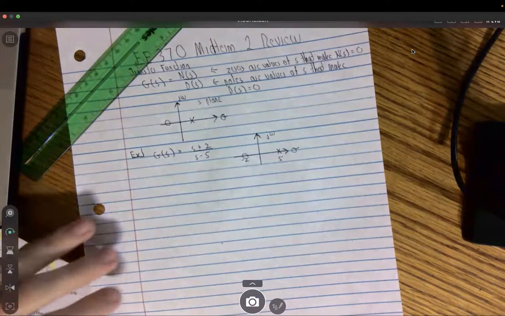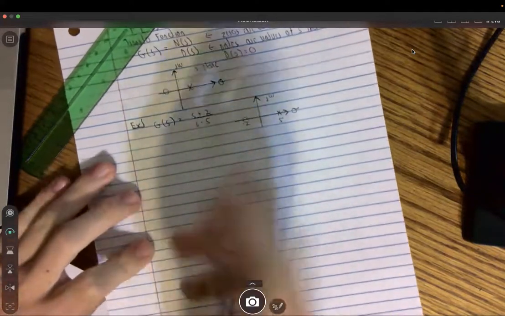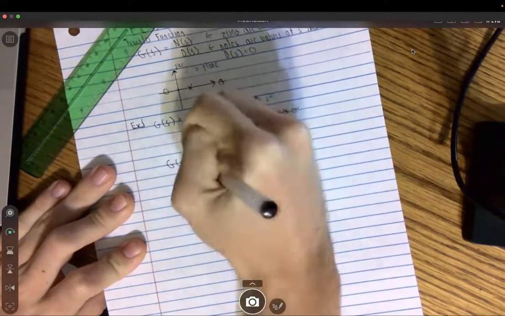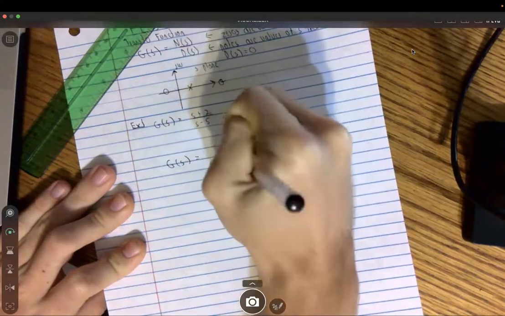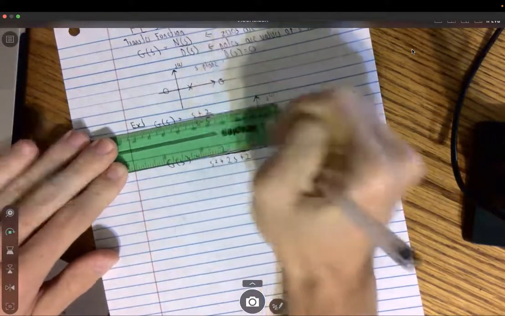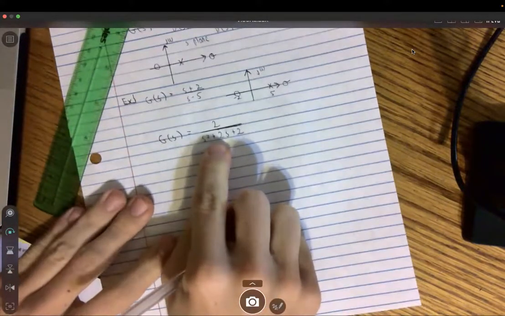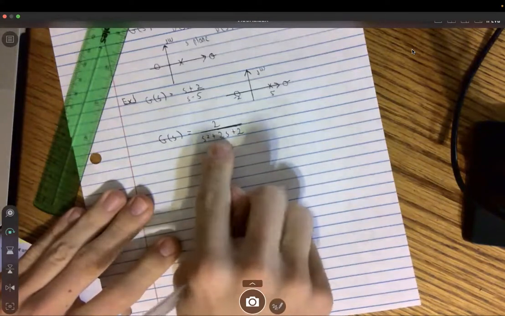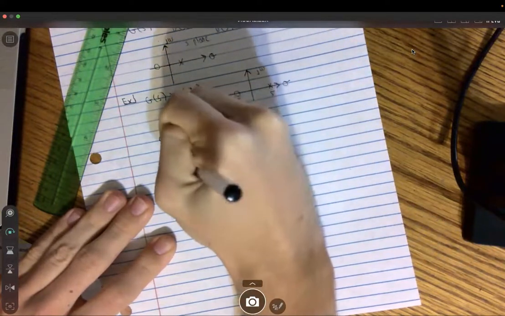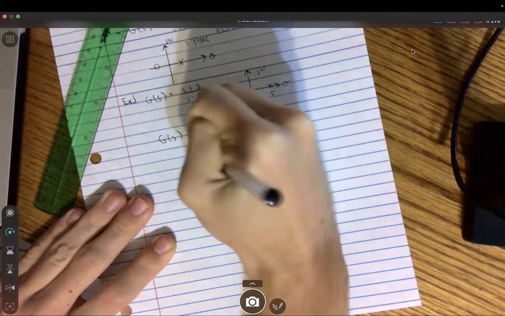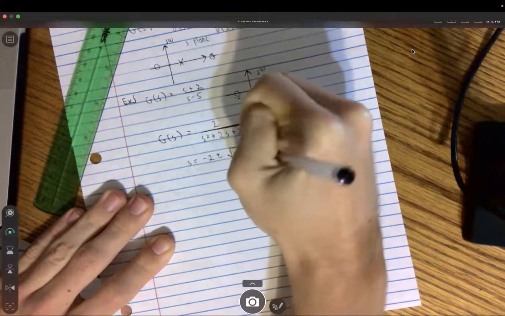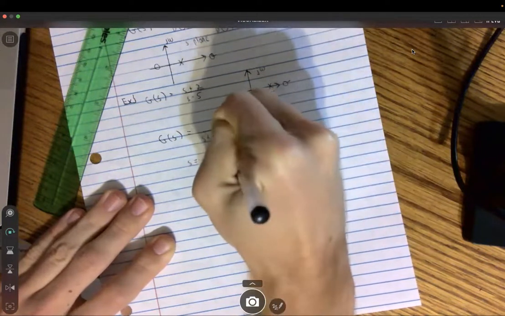Now let's do another one that is a little more complicated. It's going to be G of s is equal to 2 all over s squared plus 2s plus 2. And so looking at this, we have a quadratic in the denominator. So we need to find the roots of this quadratic equation. So we're going to use the formula where s equals -b plus or minus the square root of b squared minus 4ac, all over 2a.